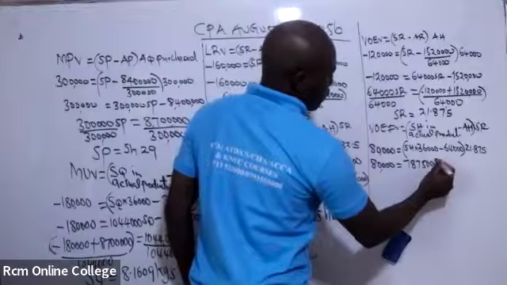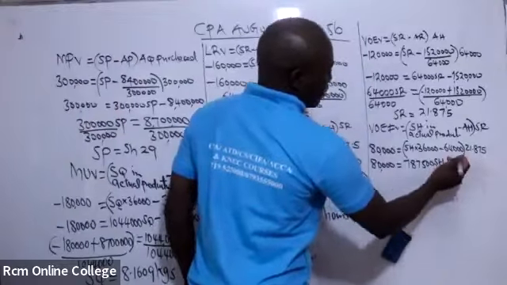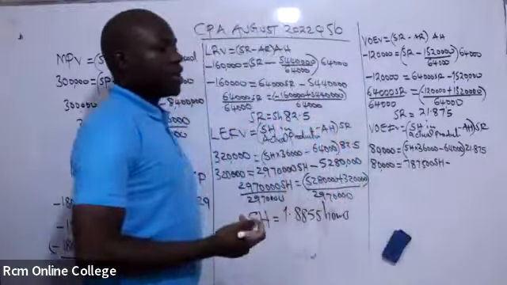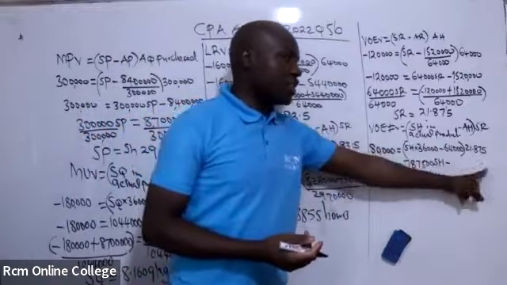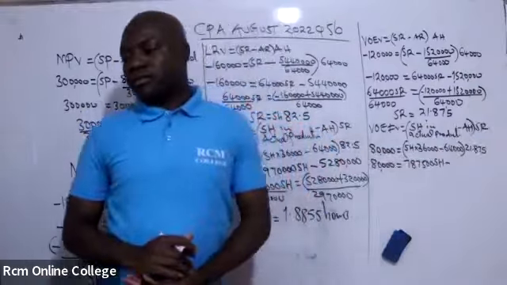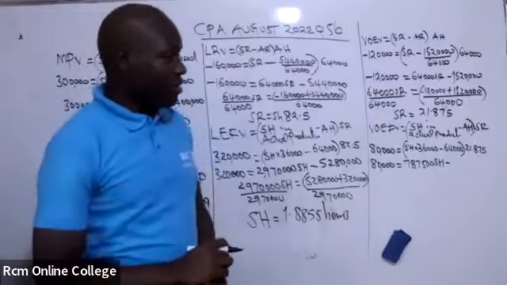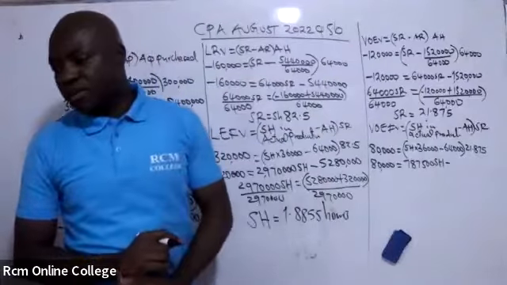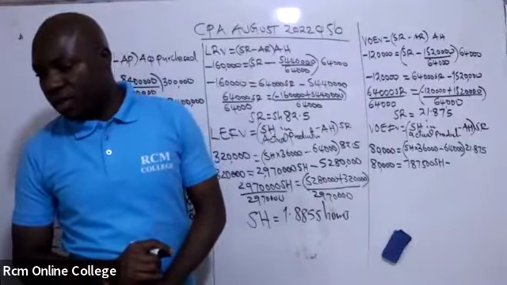78,750 standard hours minus, when you take 64,000 times 21.875, what are you getting? 21.875 times 64,000.